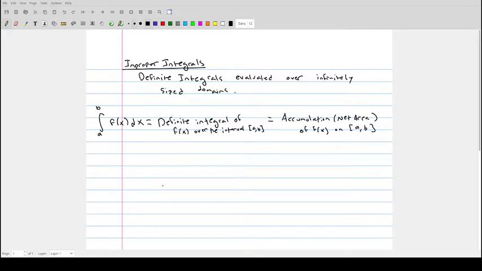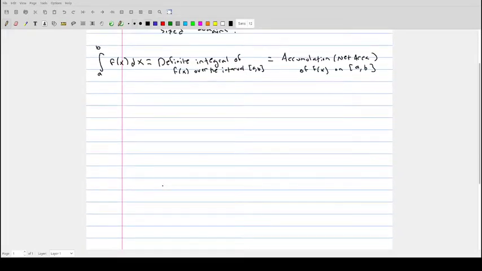You'll remember that for any continuous function, this definite integral from a to b can be evaluated using the antiderivative of the function.